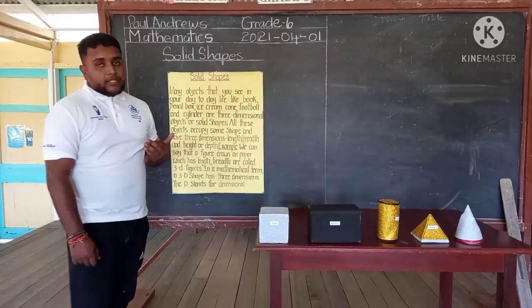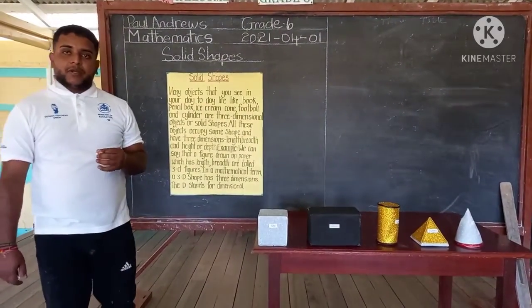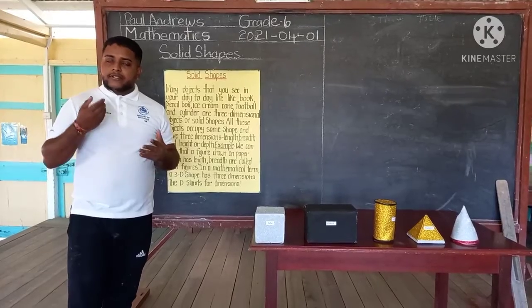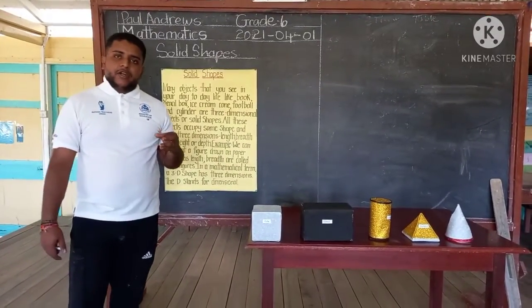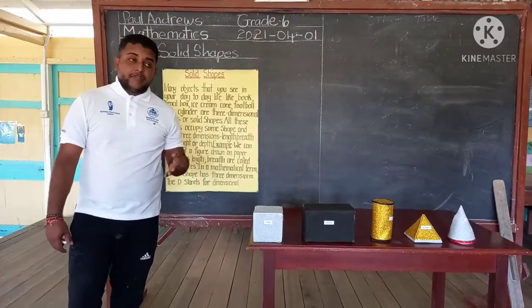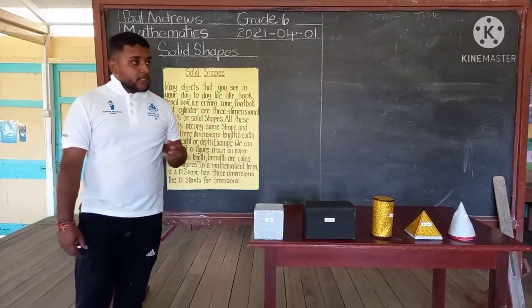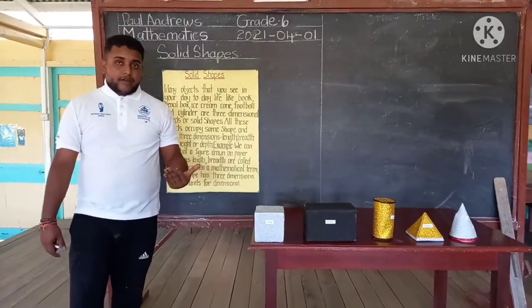So now that we've finished looking at the definition for solid shape, I want you to name some objects in your classroom environment or at your home environment that take on the form of solid shapes that we've looked at. Right?